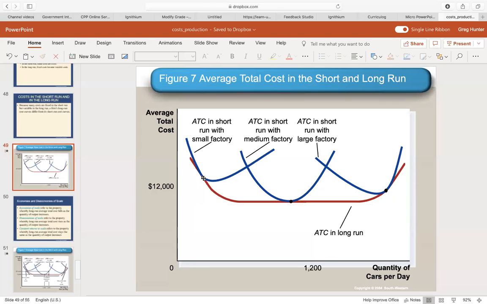It doesn't mean that small factory doesn't have a lower cost at a slightly higher amount of output, like maybe 160 units is actually its efficient scale. But if I was going to produce 160 units, there's another point on the long run average total cost curve, and that tells me there's some other factory size that can give me a lower cost than the small factory I was previously considering building. Oh, makes sense. Thank you.